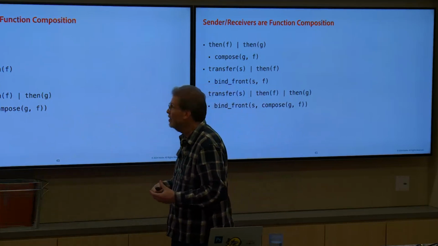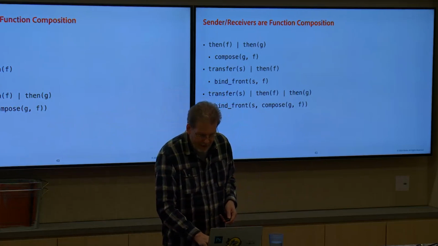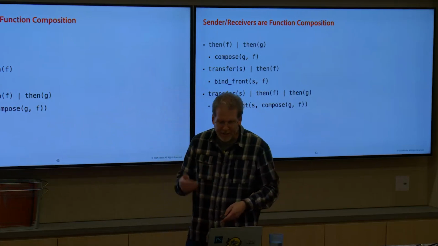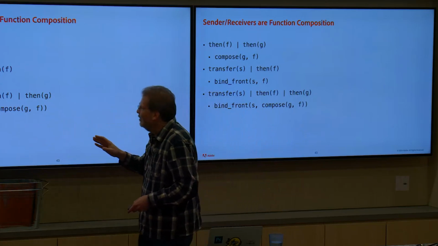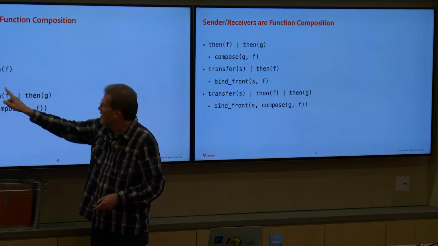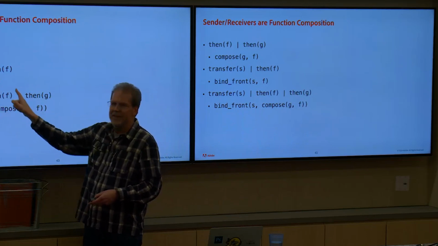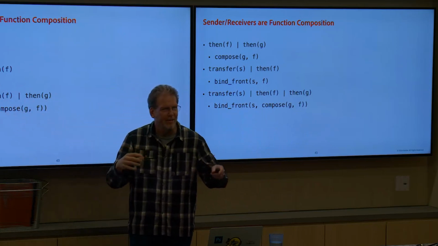But senders receivers are also very complicated. I was having a conversation with Eric Niebler, and I referred to this as a sender receiver because it's both a sender and a receiver. And Eric said, well, std::exec doesn't have a thing that's a sender receiver.